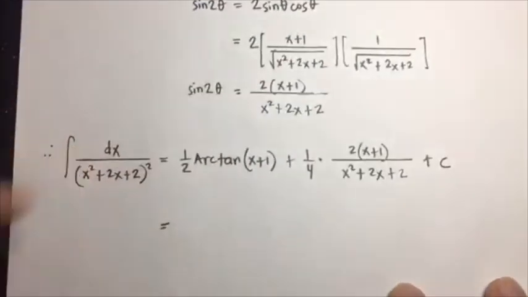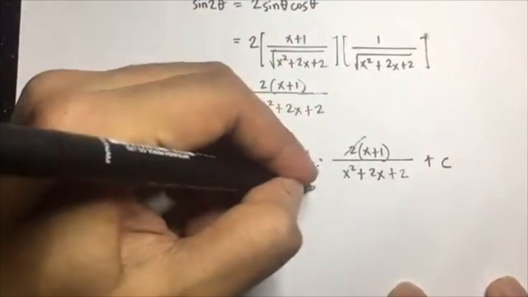Simplifying the second term, we cancel, and what will remain is 2.